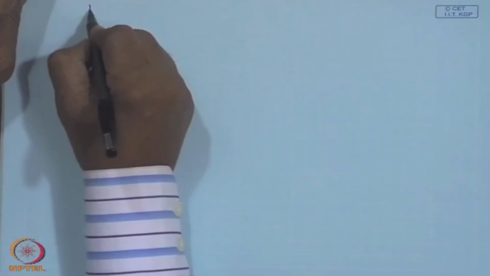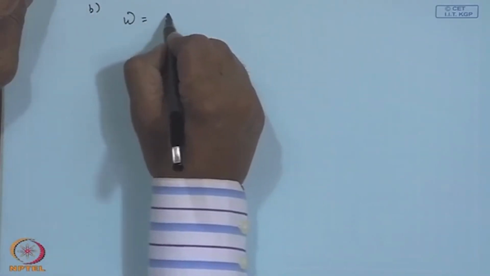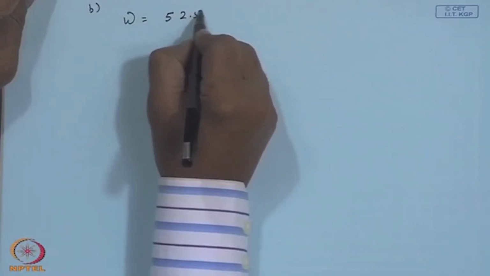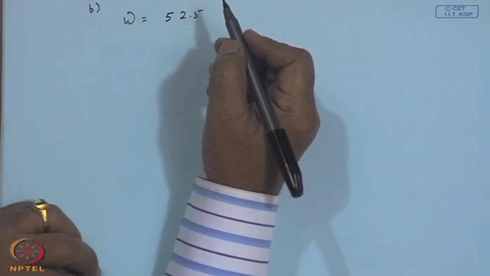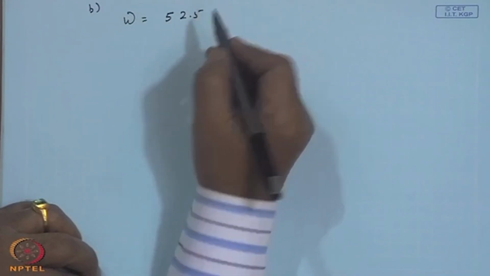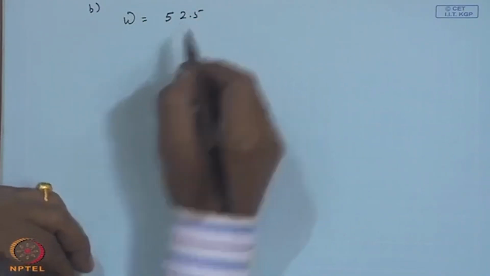Now, the next one is omega 3:30, which comes to 52.5. So, 1 o'clock is 15, 2 o'clock is 30, 3 o'clock is 45 plus 7.5 for 3:30.